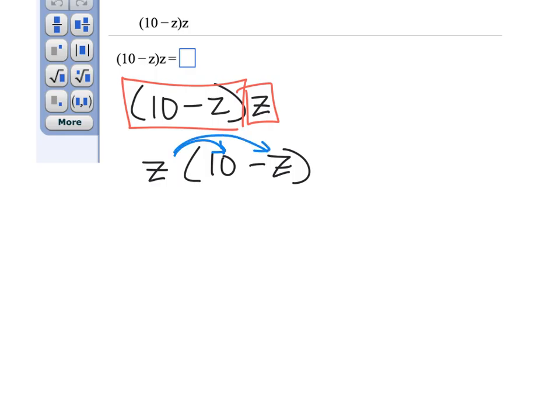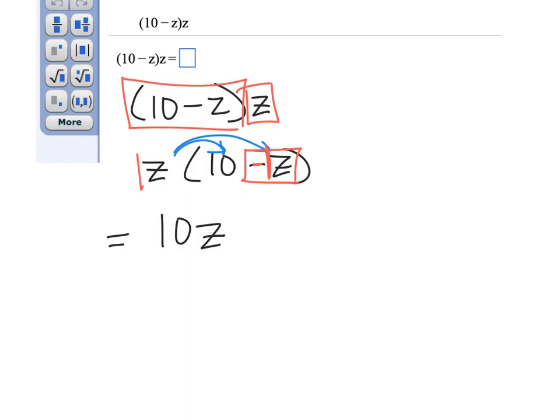So what does that mean? Well, z times 10 gives you 10z. And then here you've got a positive z being multiplied by a negative z. So you can think of this right here as a 1, right? And you can think of this as a negative 1.